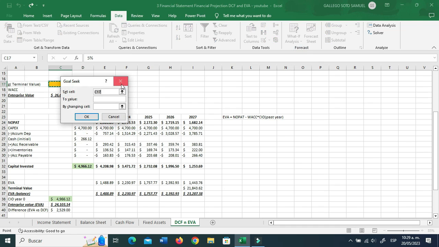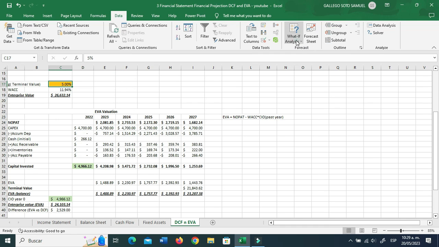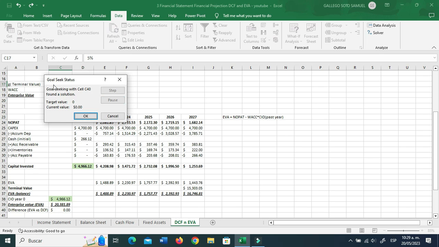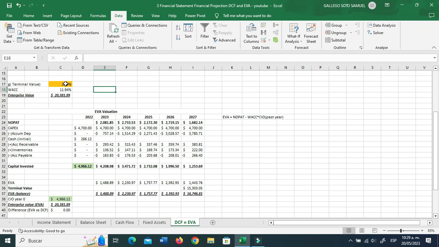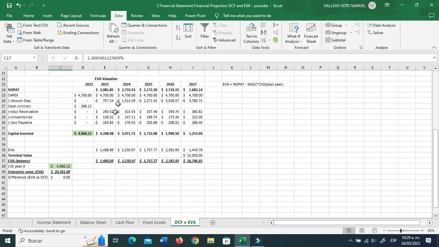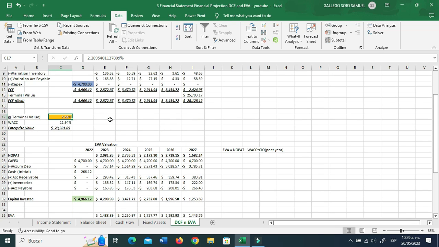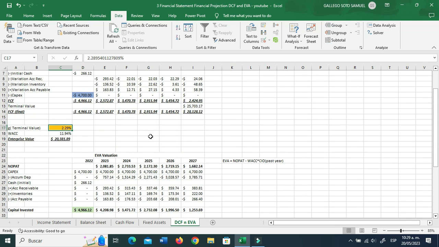Zoom in a little bit. So to get this number correctly, we're going to be using a different value here, and that's going to be in charge of Excel. So you go to Data, What-If Analysis, Goal Seek, set cell with the value of 0 by changing the cell to growth rate.